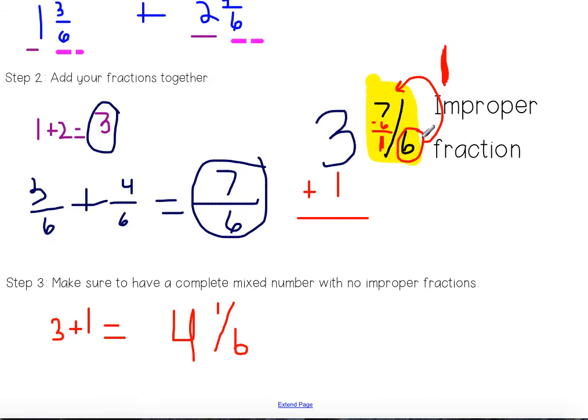I took my denominator and said, okay, how many times can it go into my numerator without going over? It can go in 1 whole time, which I add to my whole number here, and that's how I got 4. And then I have a remaining 1/6 left over because it doesn't go into 7 equally. I have 1/6 left over, which is my new and final answer.